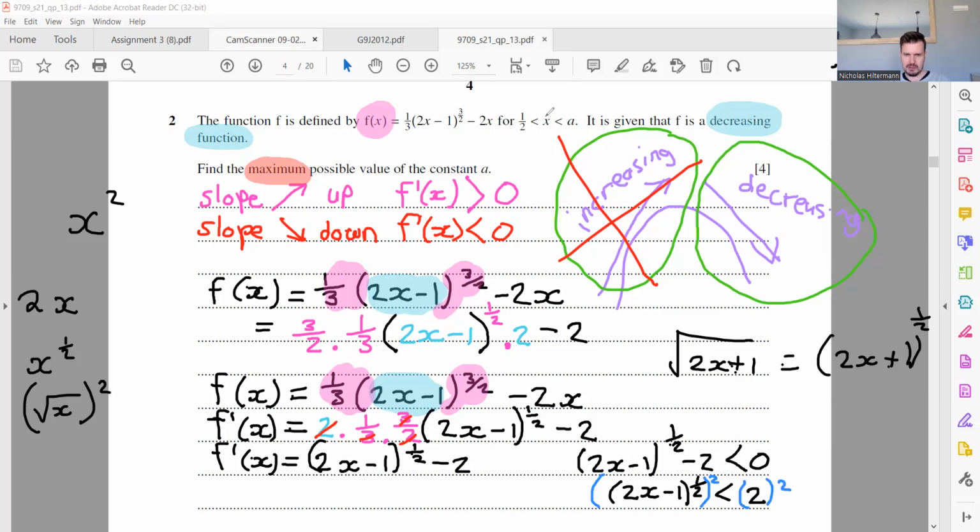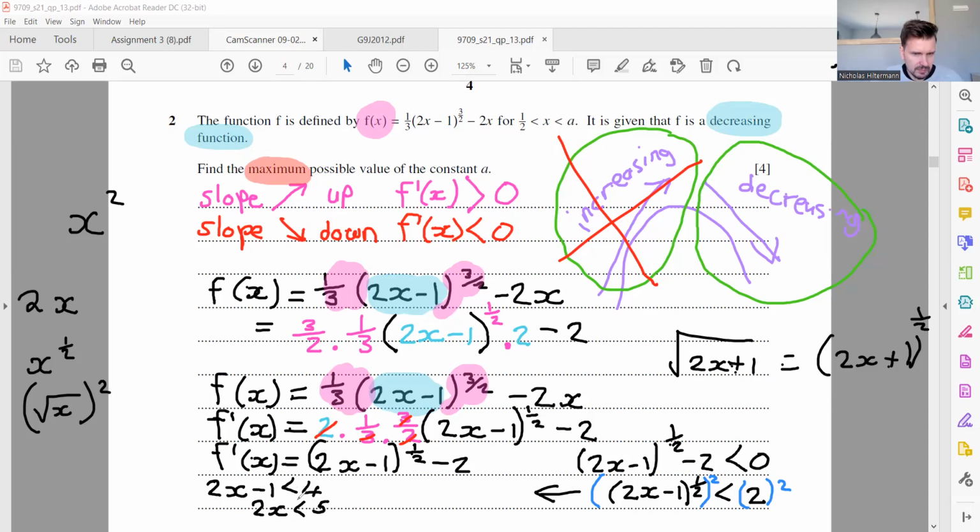Okay. Running out of space, I'm going to put this now over here. So once I've squared it, I get 2x minus 1, because the power of a half has gone away, is less than 4. Now I take the 1 to the other side, I get 2x less than 5.